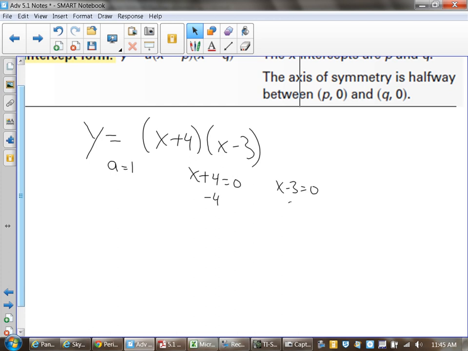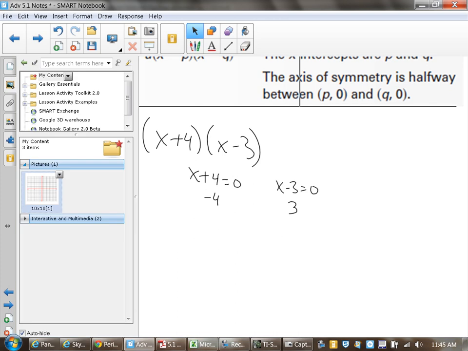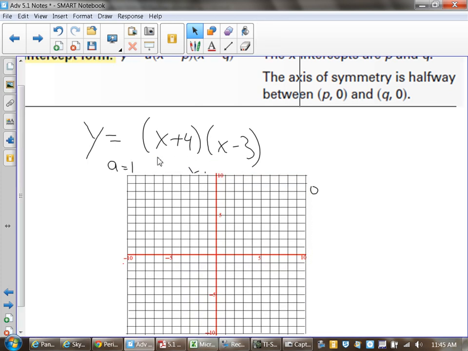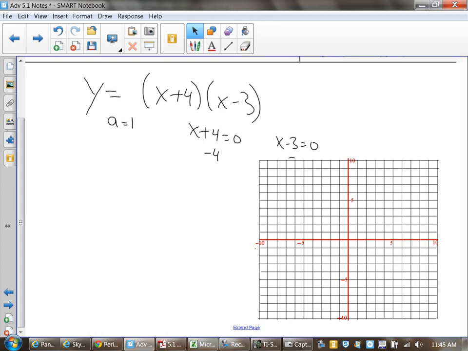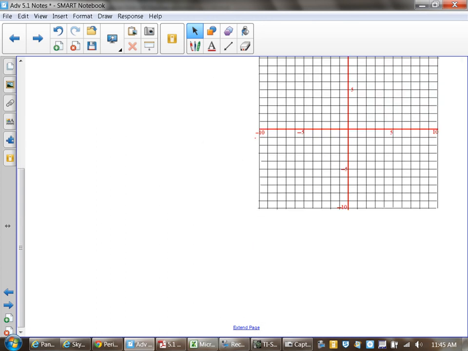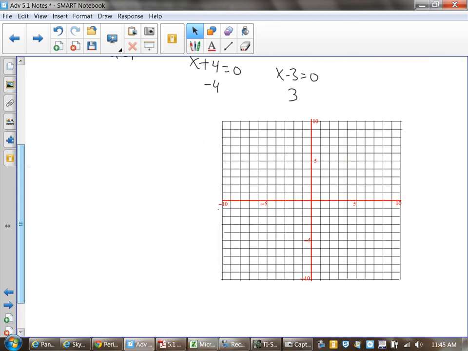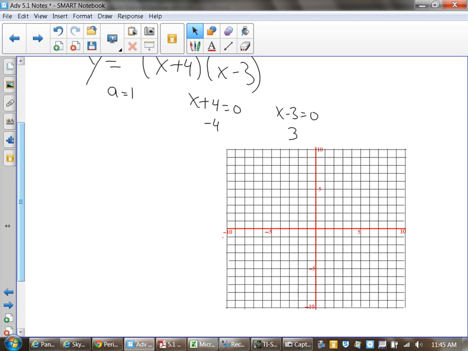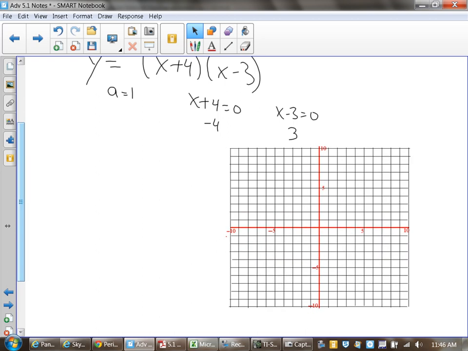So you get negative 4 and 3. That tells you where the quadratic crosses the x-axis. When we go to plot, we plot at our intercepts: negative 4 and positive 3.